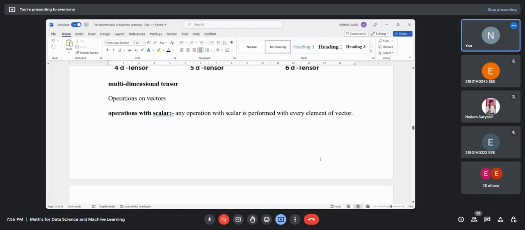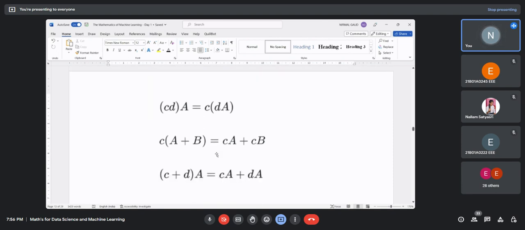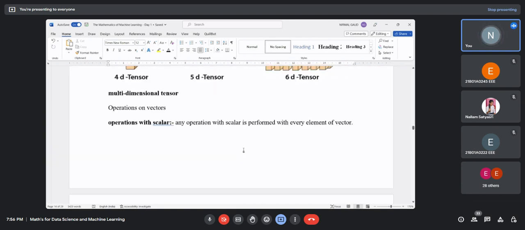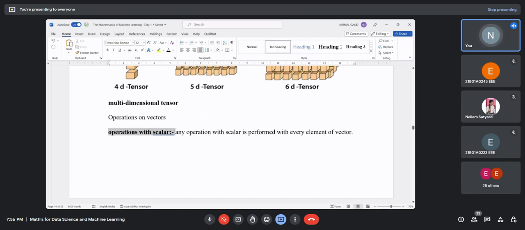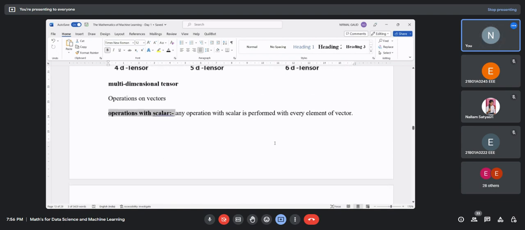So this is your tensor representation. Now, operations on vectors and scalars: we have seen some of the properties of vectors and scalars, that is commutative, associative, identity, inverse, all of which we have seen. For example, if I need to perform operations over scalars, (cd)A = c(dA).